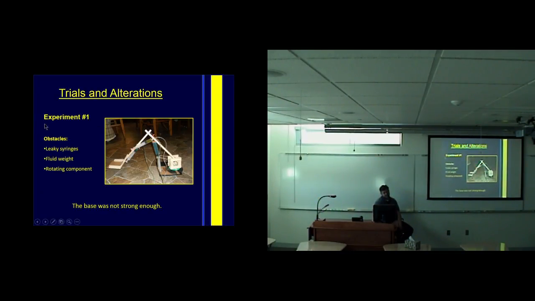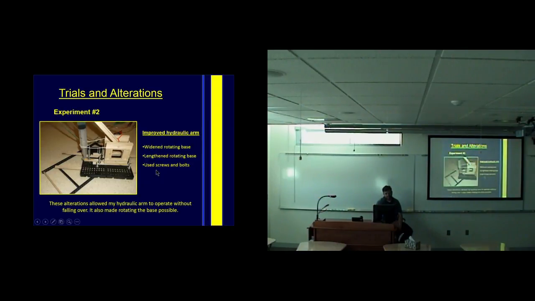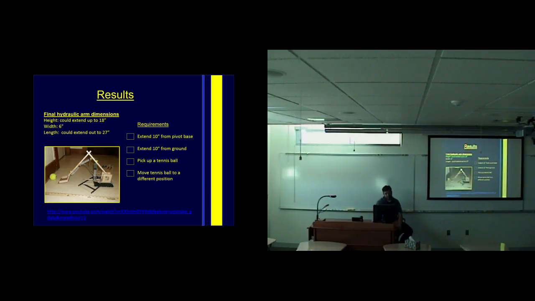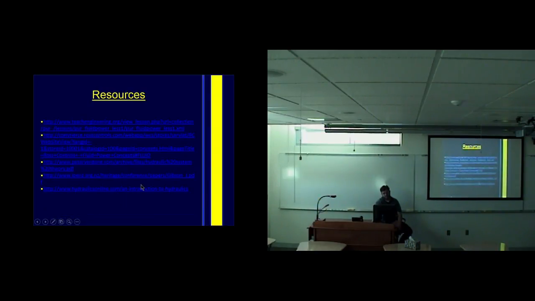And she shows the obstacles that she had to overcome, and also one of the failures. Her base wasn't strong enough, and it tipped over. So she improves it by changing the base, and she's able to get some better results. And you can see her actually doing the activity, picking up this tennis ball and moving it.